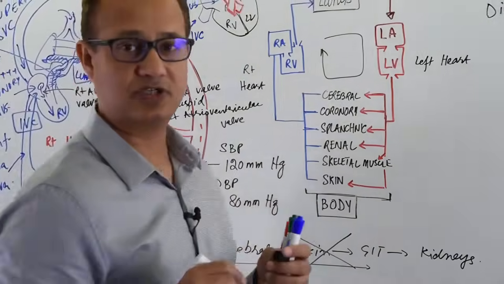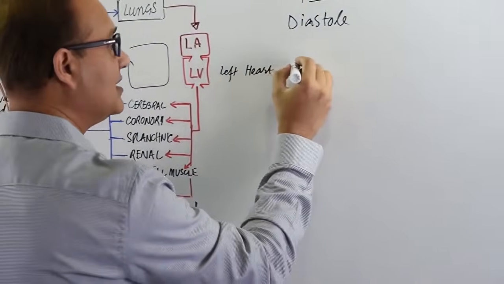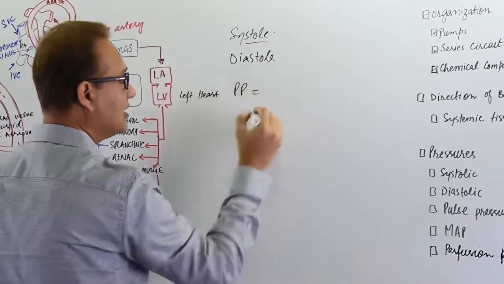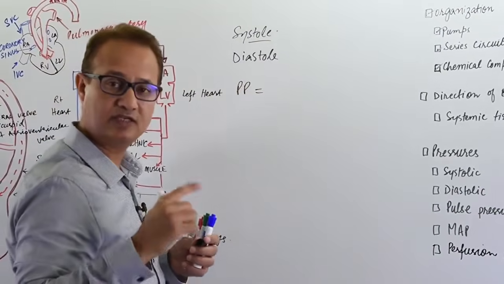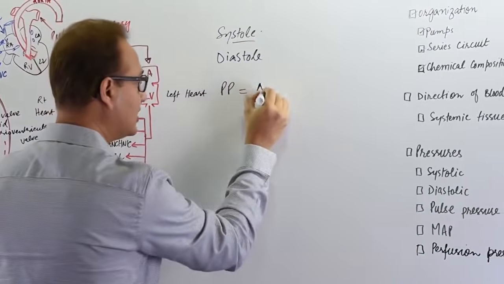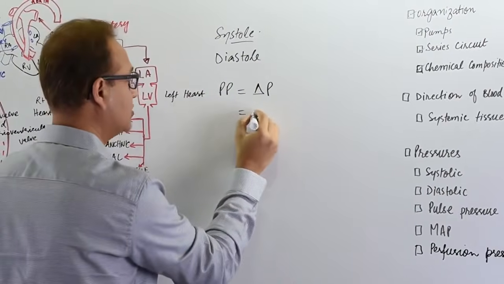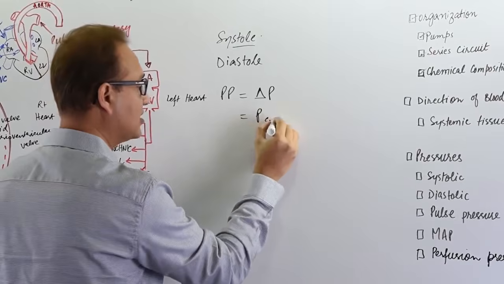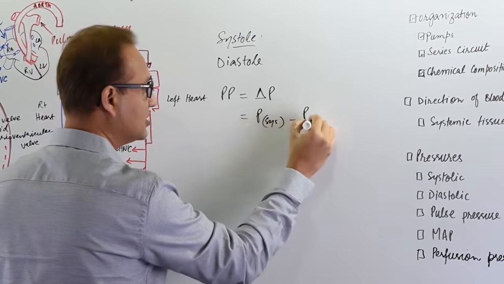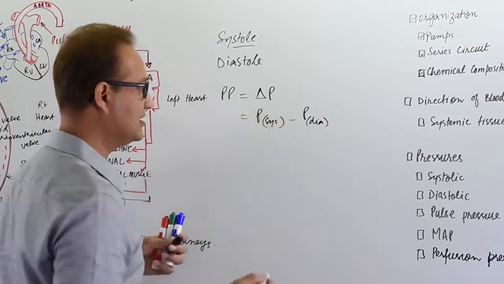Now pulse pressure. Pulse pressure is the difference between the systolic and diastolic pressure, or it is the delta P, the differential between them. So that means pressure systolic minus pressure diastolic. That is why I said it is easy to calculate.